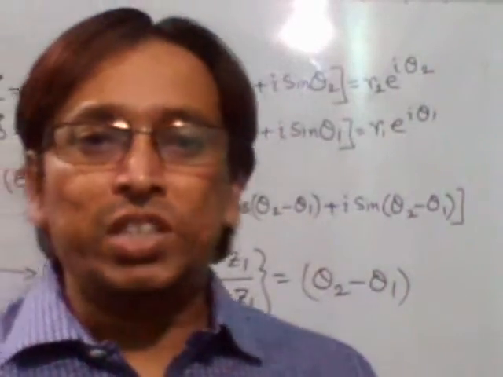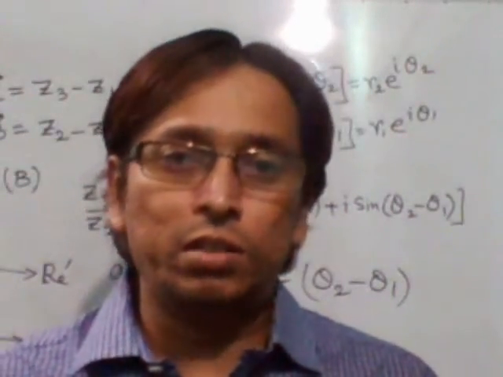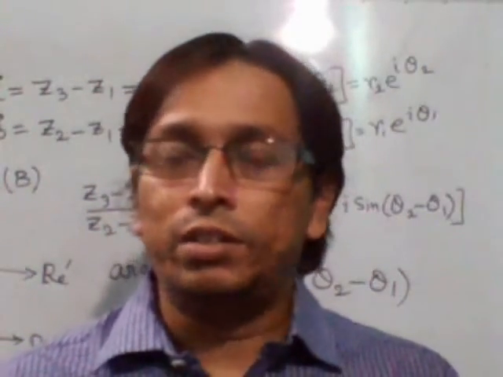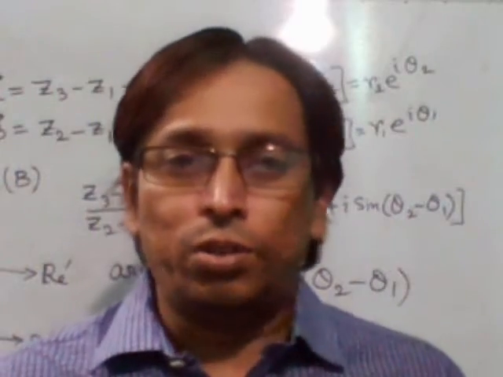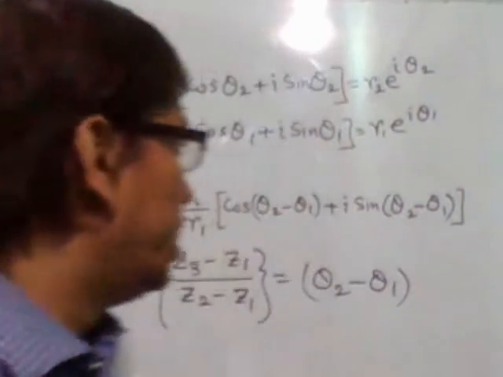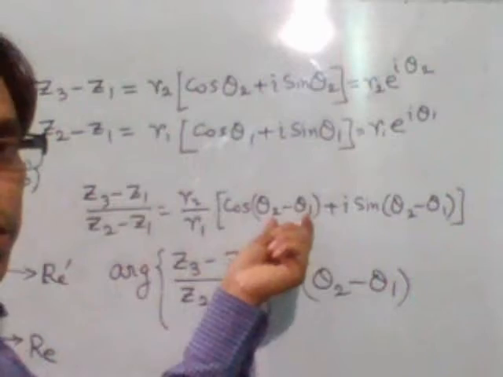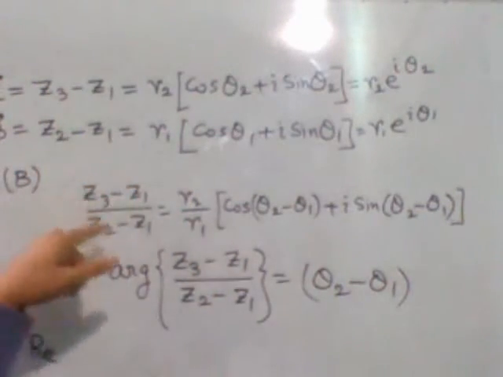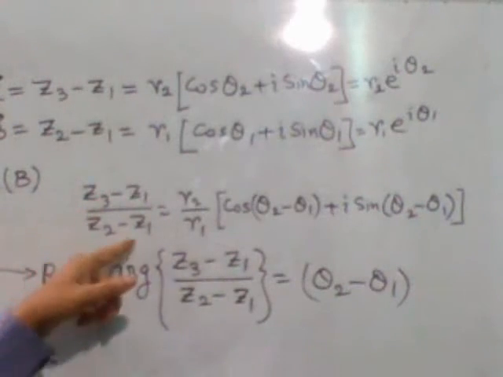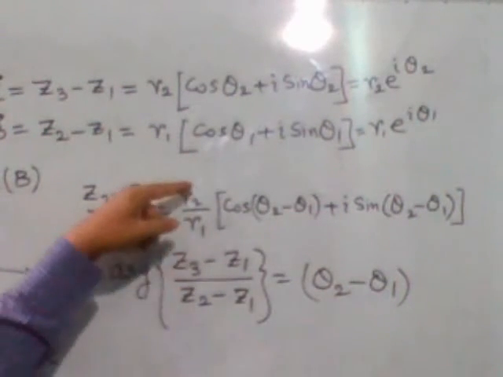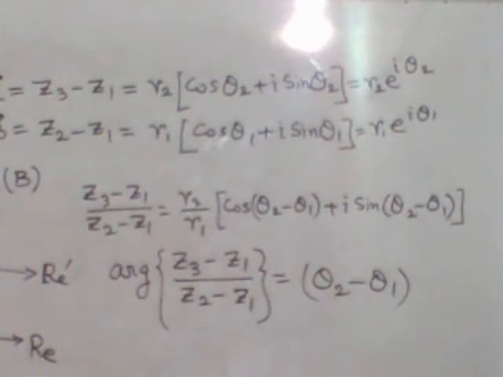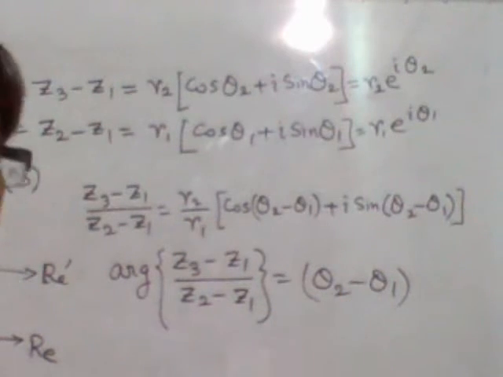If a complex number z is equal to r cos θ plus I sin θ, then r is called its modulus and θ is called its argument. Here R2 by R1 is the modulus and θ2 minus θ1 is the argument of this complex number.